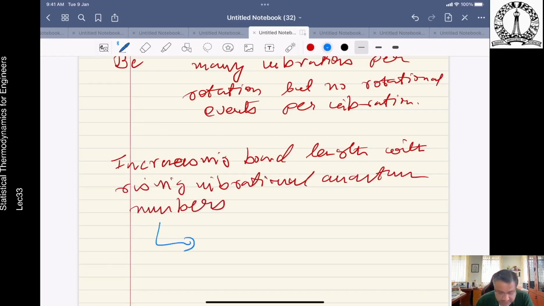So this further leads to an enhanced moment of inertia, enhanced I_e. I_e therefore reduces effective rotational levels.